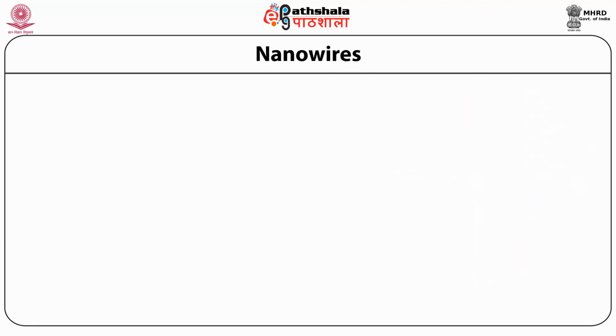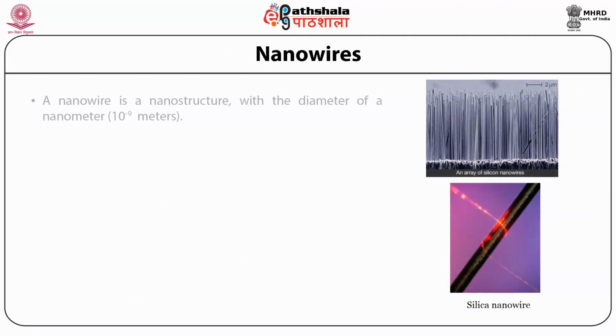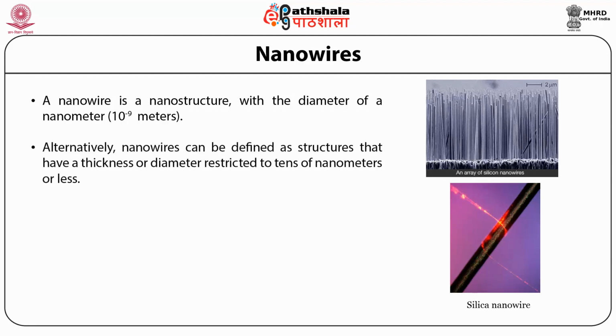The next nanoproduct is nanowires. A nanowire is a nanostructure with a diameter of a nanometer, 10 raised to the power of minus 9 meter. Alternatively, nanowires can be defined as structures with a thickness or diameter restricted to tens of nanometers or less.